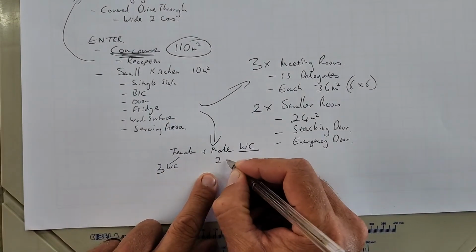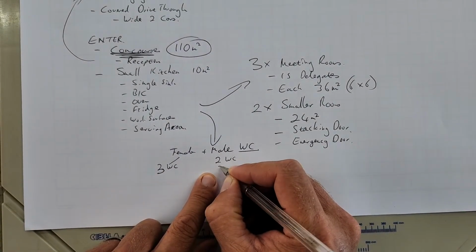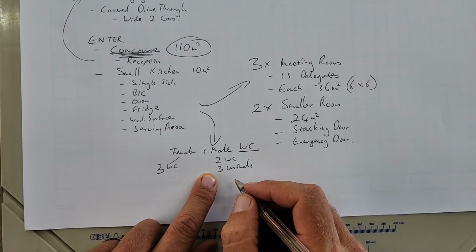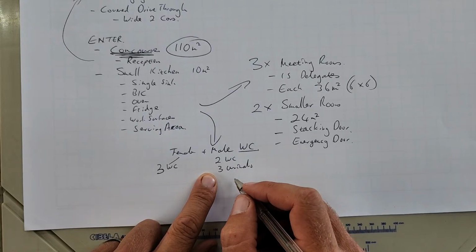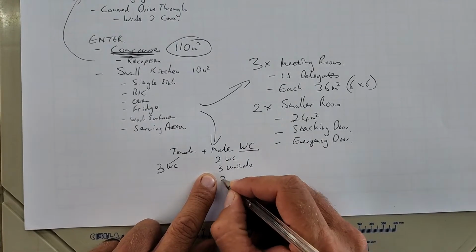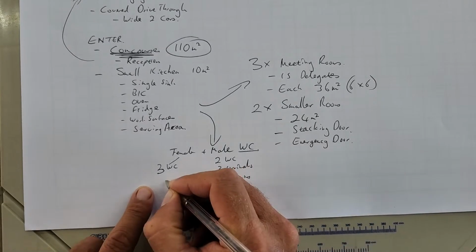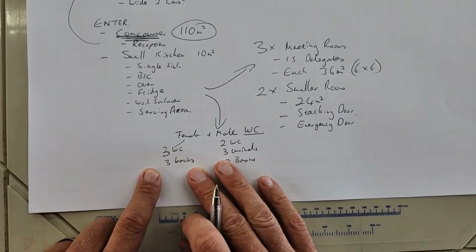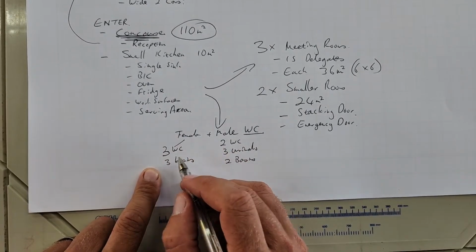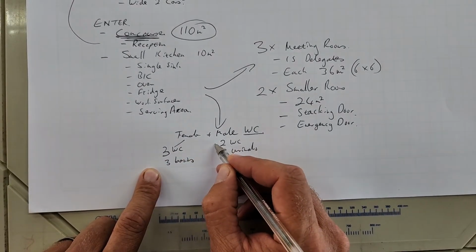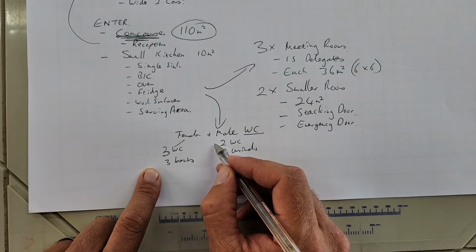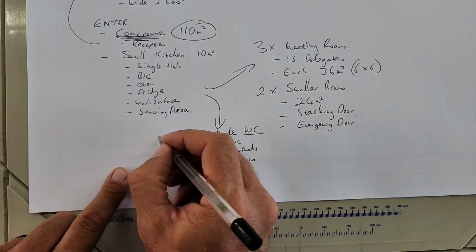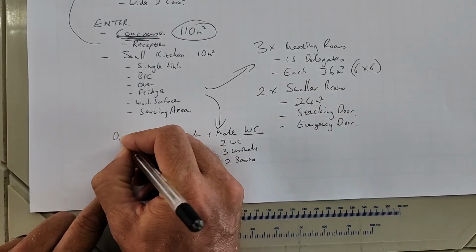In the male, we've got 2 WCs plus 3 urinals. And what else do they say there? Hand basins: 2 basins here and 3 basins here. And then they talk about access for disabled. In each one of them, one of these must be a separate toilet facility for this, plus one more for disabled.